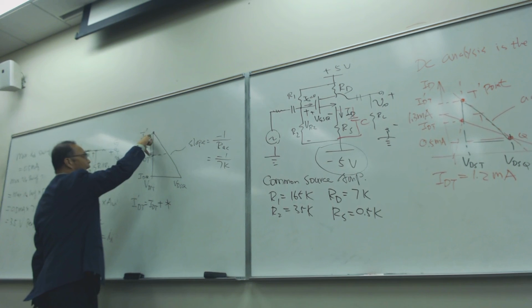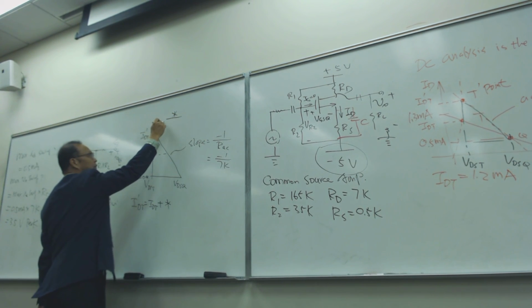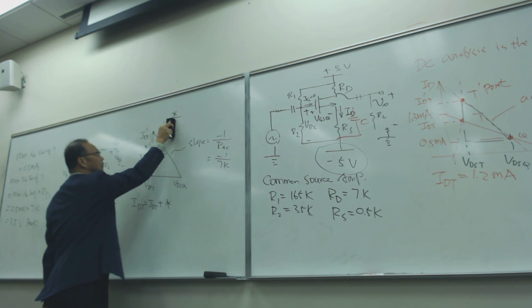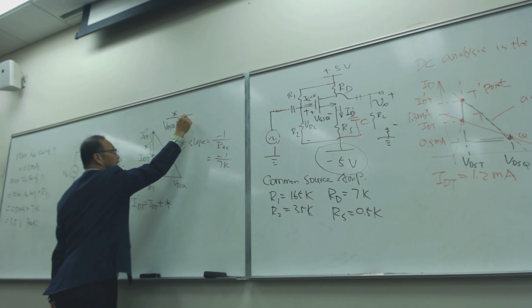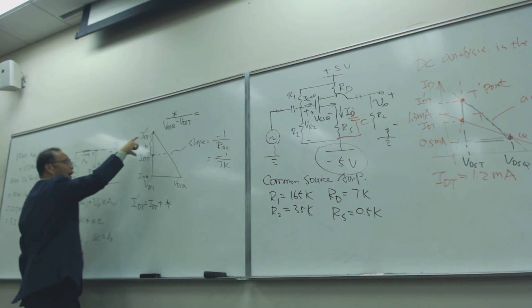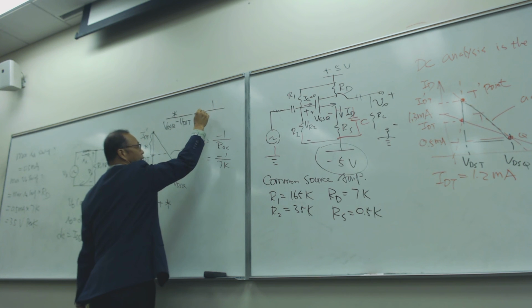So the height divided by the base, which is not VGS, not VDS, right? So VDS minus VDST equal to what? Height divided by base is always the slope, right?